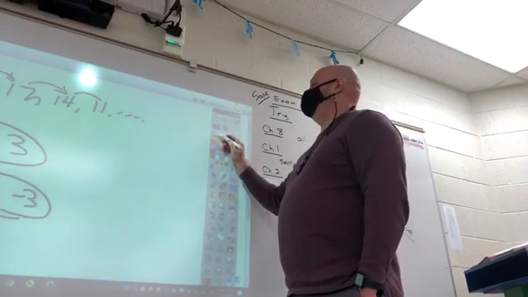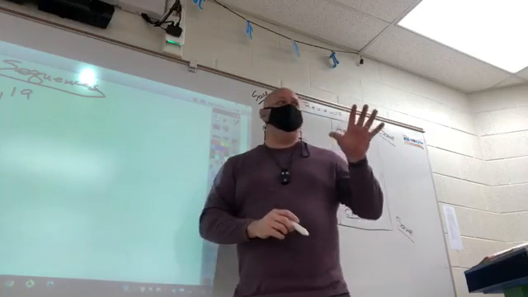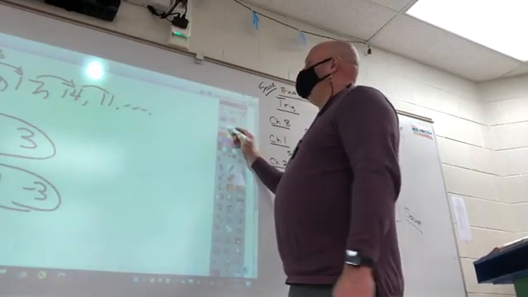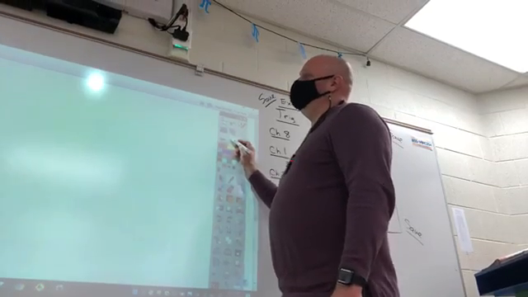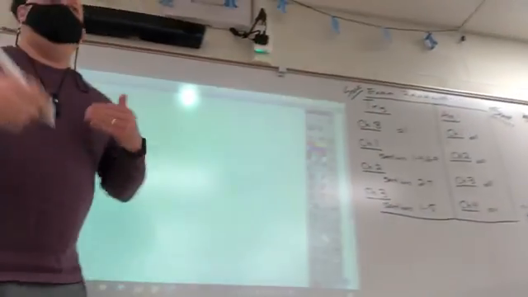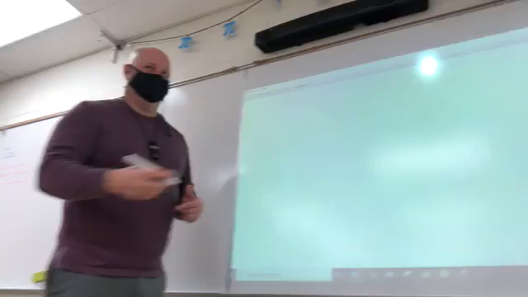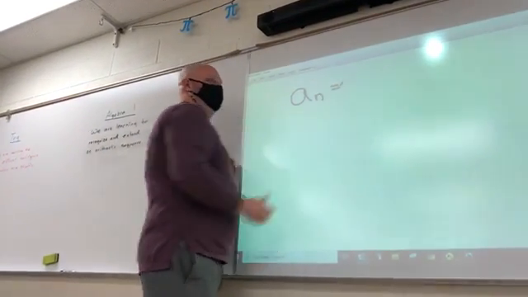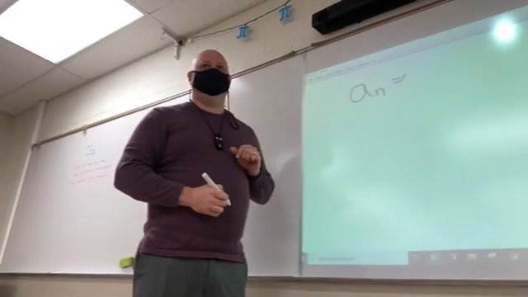Now, in arithmetic sequences, we have to first have some terminology. Okay? We have to be able to basically write these sequences. We're going to call these A sub n. Okay?